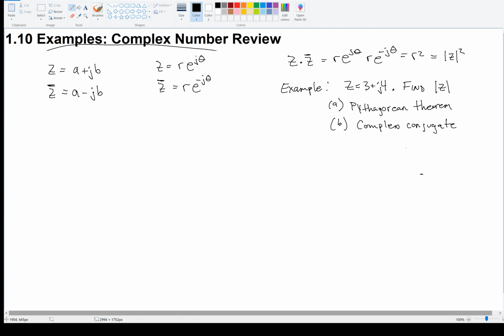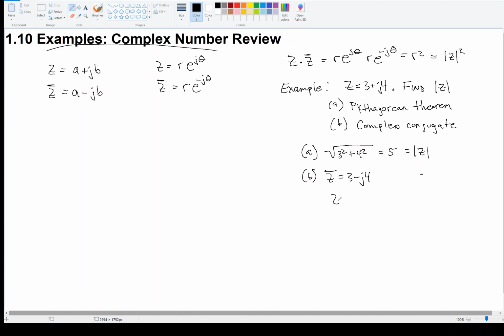Okay, so for A, Pythagorean theorem, I can find the length of that vector simply by doing the square root of 3 squared plus 4 squared. And that's a 3, 4, 5 right triangle, and so the magnitude is 5. That should be straightforward. But B, notice that if I take the complex conjugate of z, I get 3 minus j4.